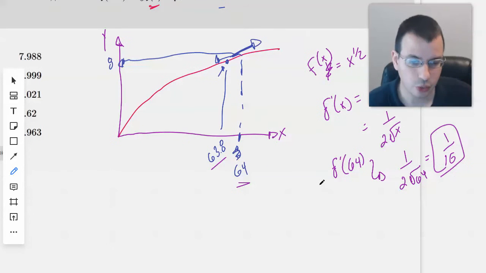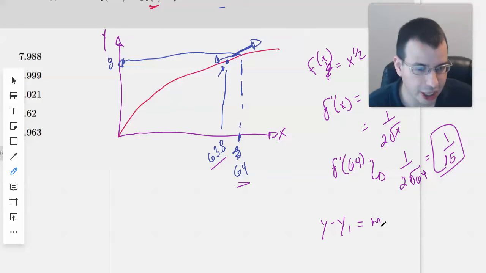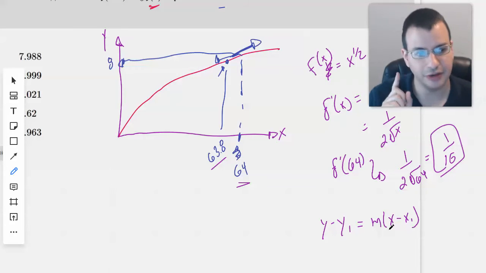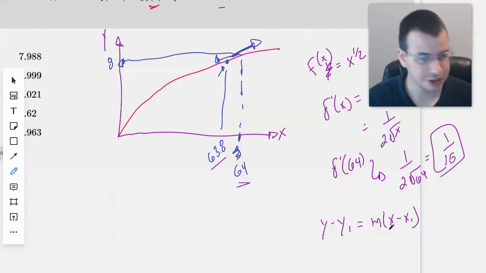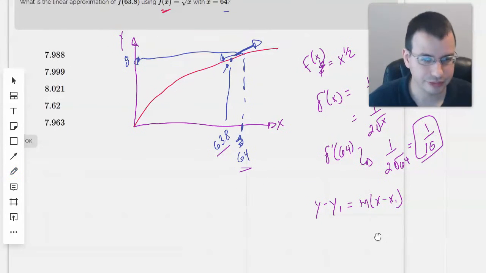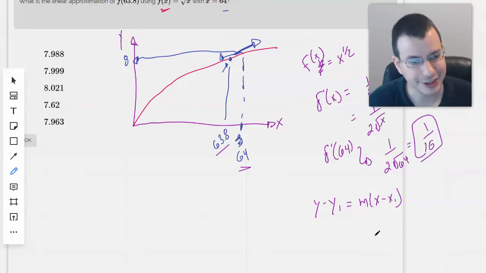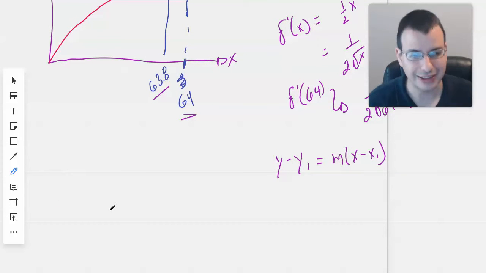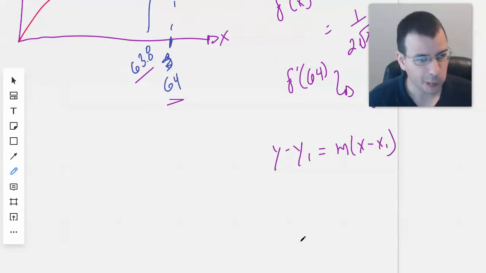Then we use y minus y1 equals m times x minus x1. This is the equation for a line if you know the slope and one pair of coordinates, an x value and a y value.